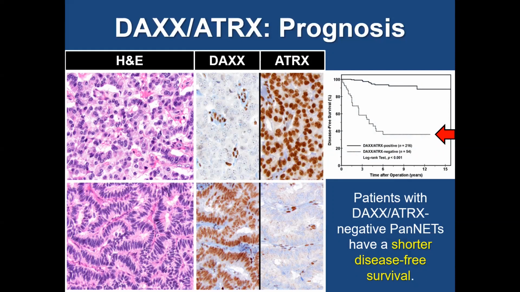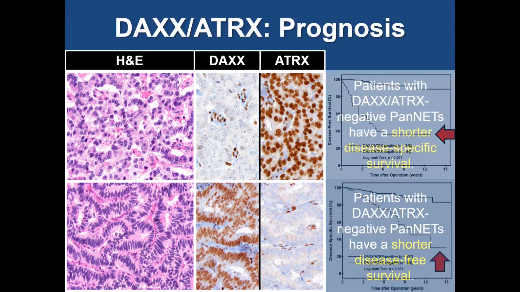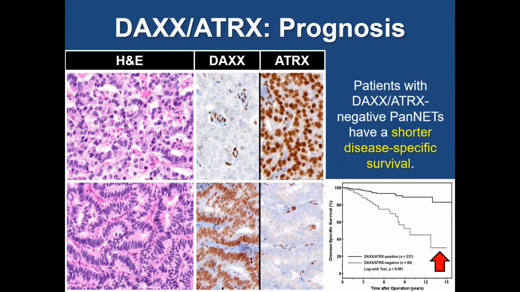And what we found is that when PanNETs lose DAXX or ATRX, patients have a shorter disease-free survival, meaning they do often present with metastatic disease. And they have a shorter disease-specific survival, meaning their survival itself is significantly decreased compared to patients that have PanNETs with preserved staining for ATRX and DAXX.